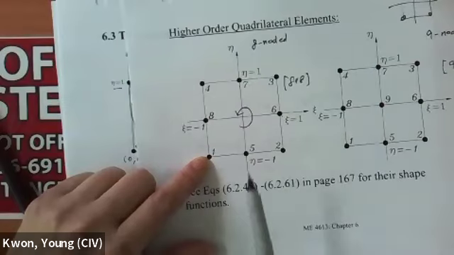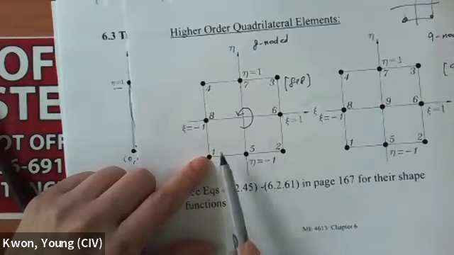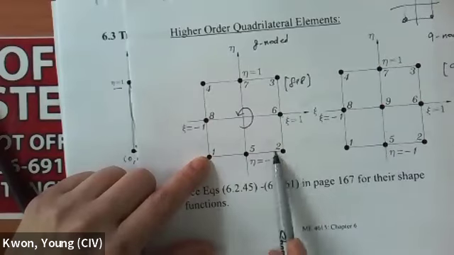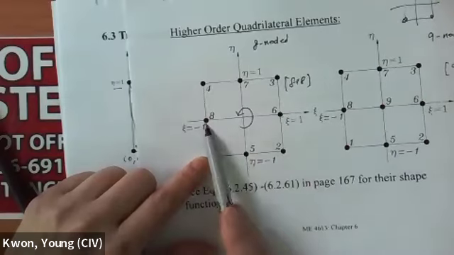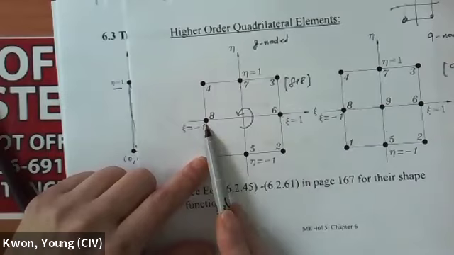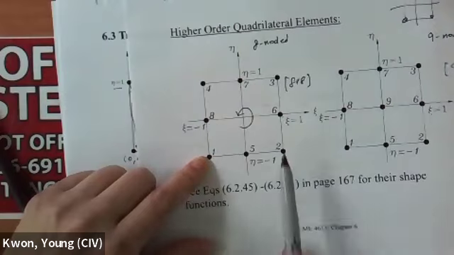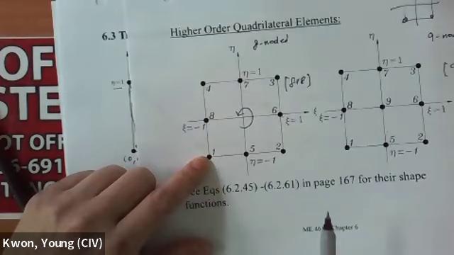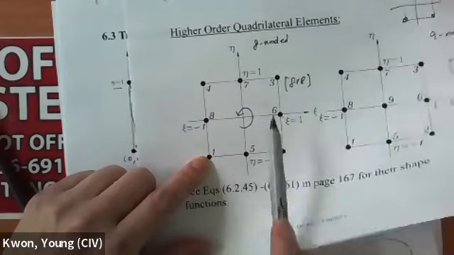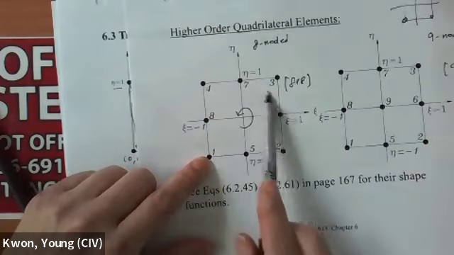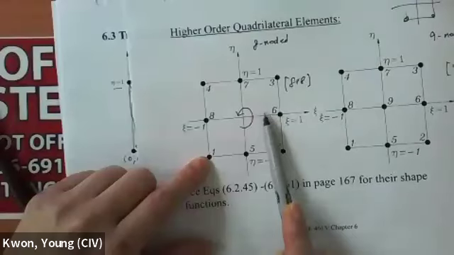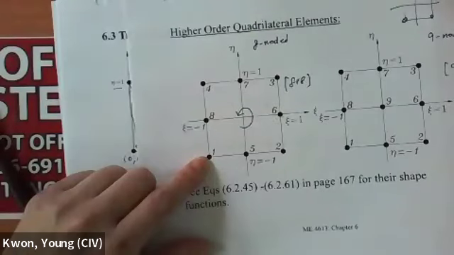Or someone may want to number 1, 2, 3, 4, 5, 6, 7, 8. That's fine. Whatever you want to define as the sequence of nodes, that's fine. But the main thing is that, depending on how you number the nodes in here, your shape function is going to be associated with that particular node numbering.